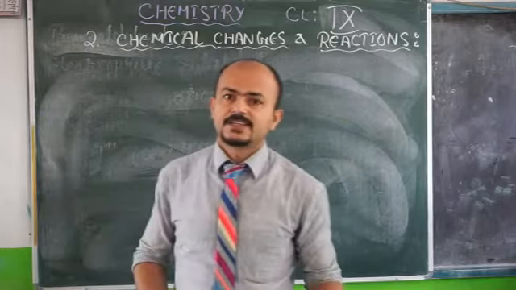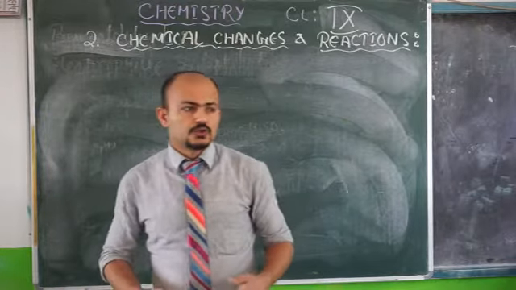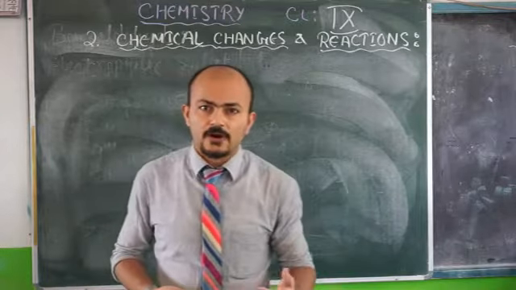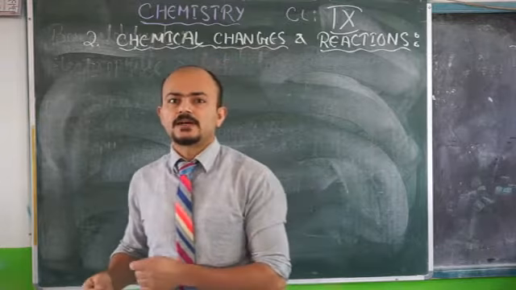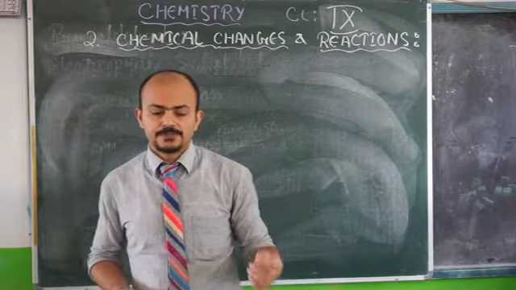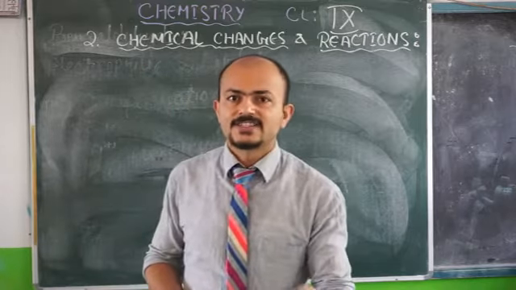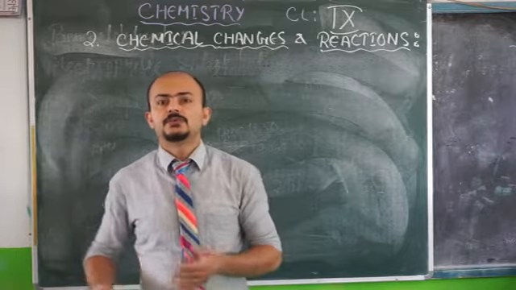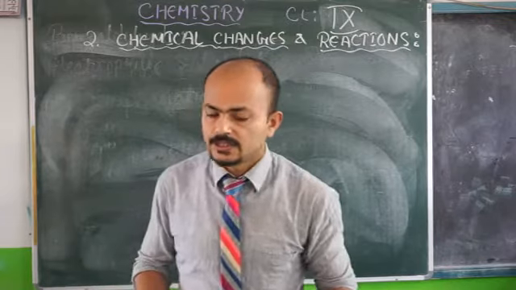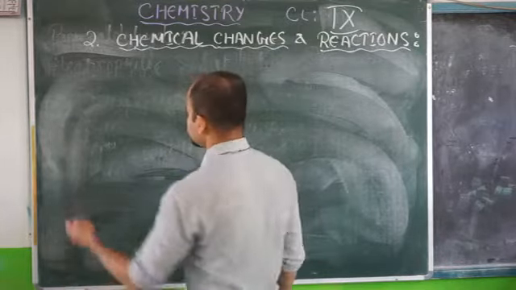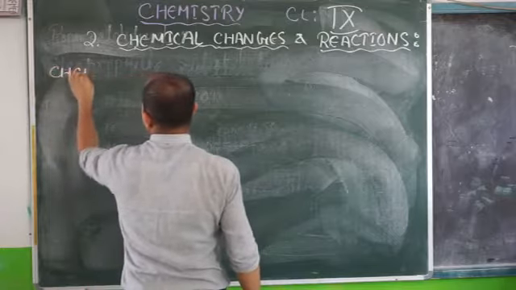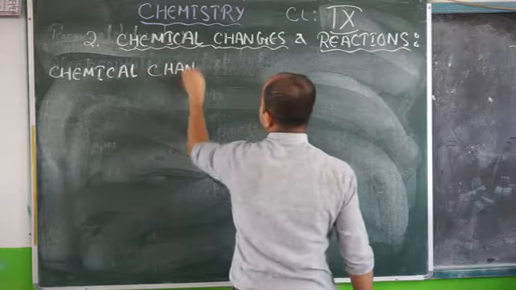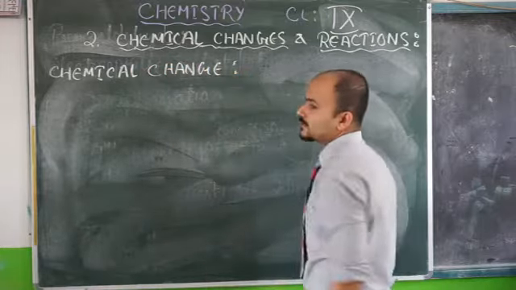So you have learned chemical changes are those changes in which new substances are formed with new sets of properties. Let me repeat it once again. Chemical changes are those changes where new substances are formed with new sets of properties. So in a chemical change, or in chemical reaction, what happens?